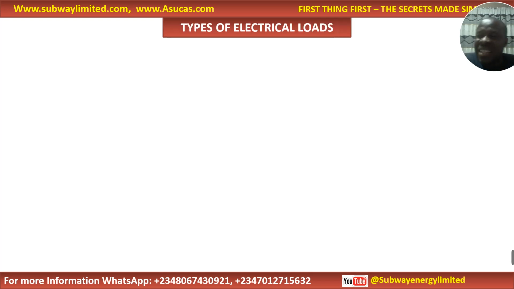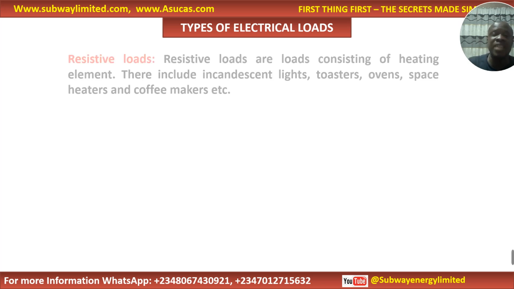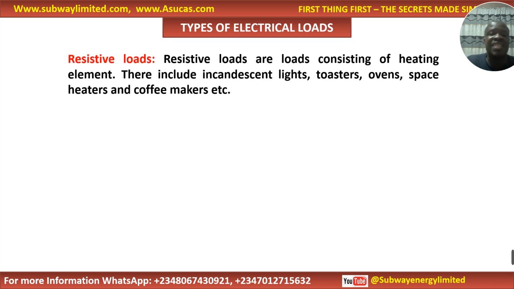So let's look at types of electrical load. I will try as much as possible to do justice to this discussion in this live webinar. So let's look at the types of electrical loads that we have in the solar industry. We have the resistive loads.